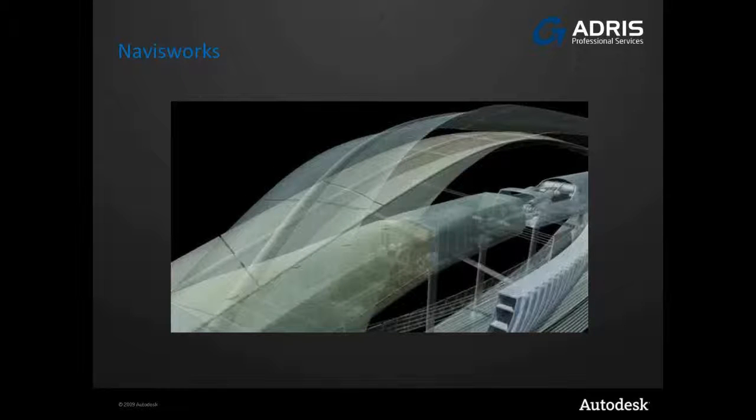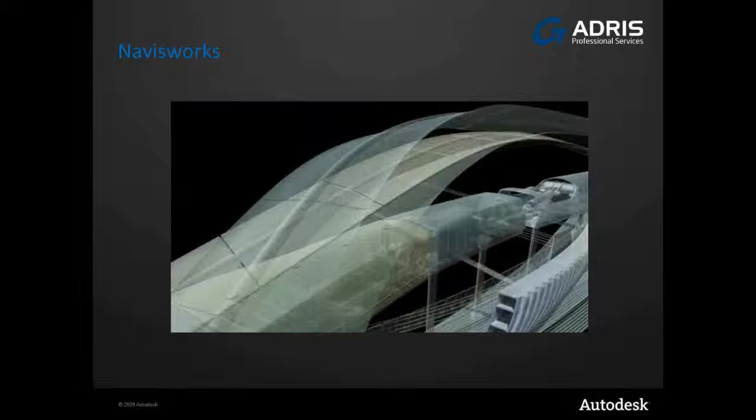Historically, in years gone by, collaborating between 3D solid models was a difficult process because of the sheer practicalities of manipulating large models. So a benefit was required where you could load these models and interactively and easily manipulate and collaborate between them, hence Navisworks.